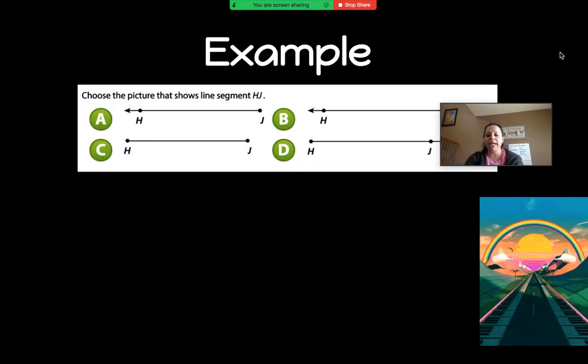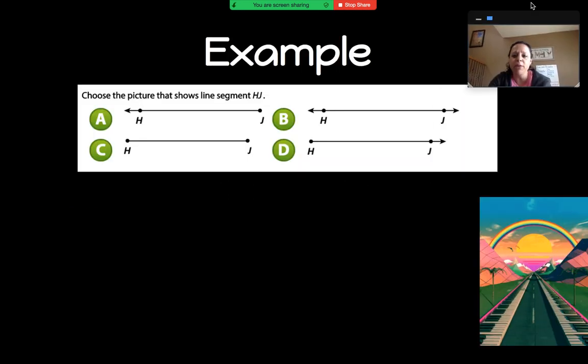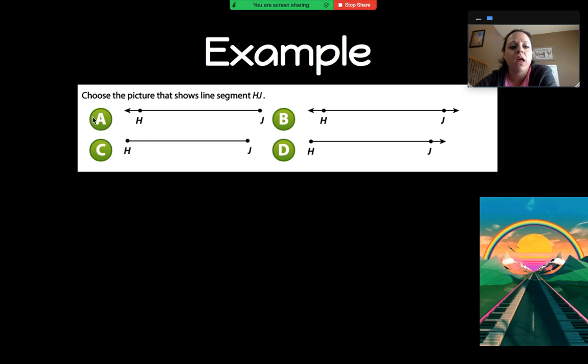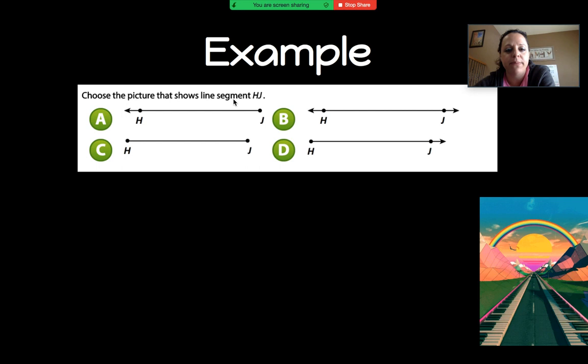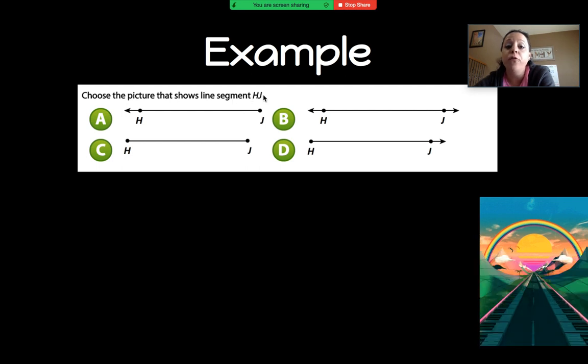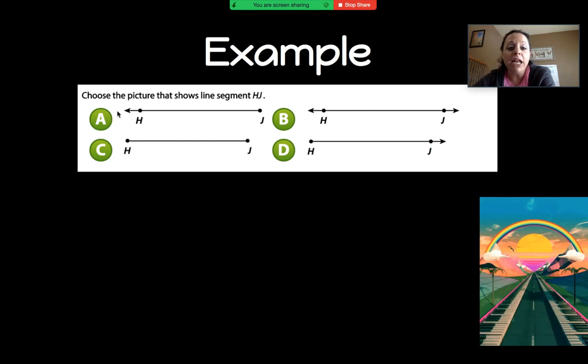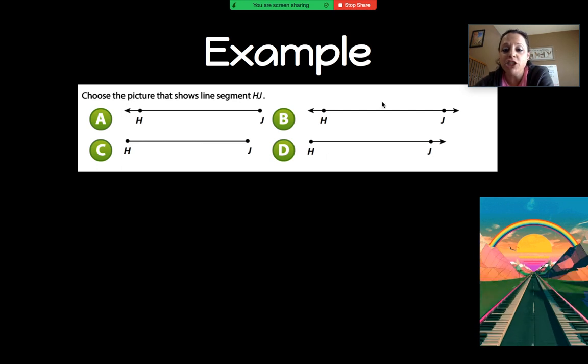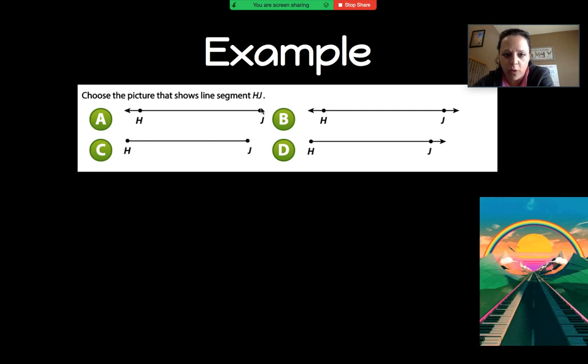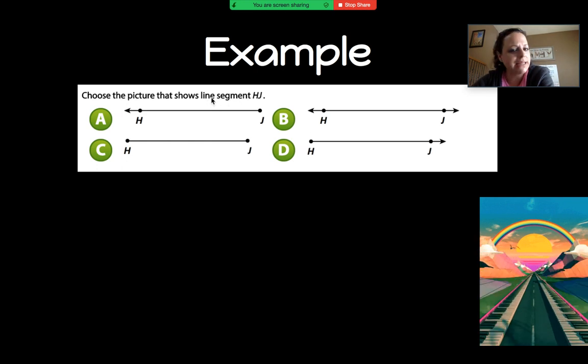All right, so let's take a look at an example that you might see. So it says, choose the picture that shows line segment HJ. Well, first of all, I've got to look at the drawings here. And I'm noticing each of these has something different. This one has 1 endpoint and 1 arrow. So I don't think that's a line segment.